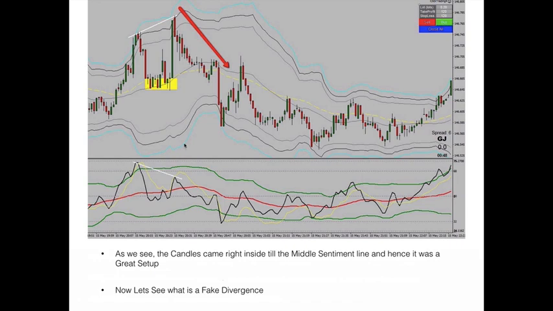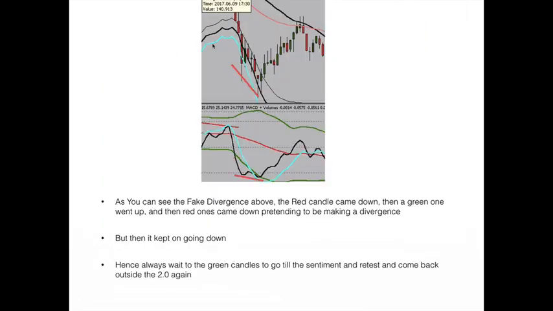And as you can see, when the candles go up, come down till the sentiment line, this is the best setup. Sometimes what happens is it goes up, comes a little bit till here, and goes back here, and that is a fake divergence. Now I'll show you exactly what I mean by that. Look at this. It comes down, goes up after the red candles, the green candles formed, and then it comes down.